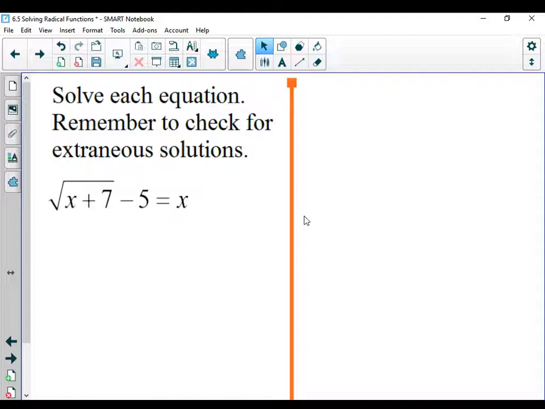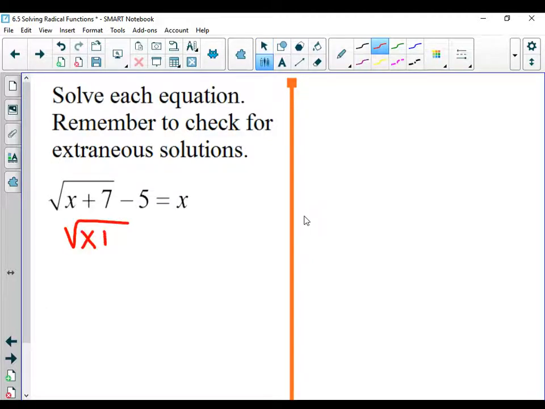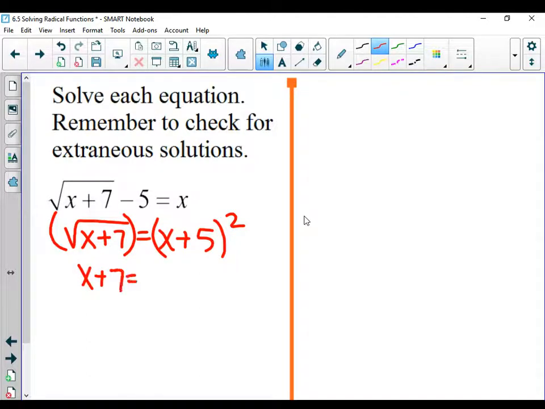So go ahead and get the radical by itself. Okay, so if we add 5 to both sides, then naturally, to get rid of the square root, we are going to square both sides, which means what on that right-hand side?